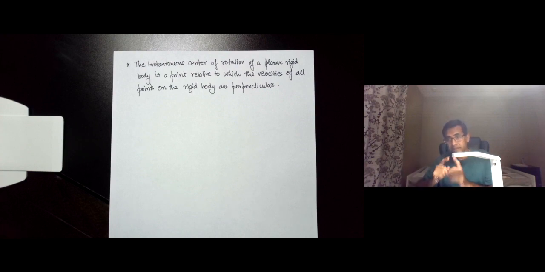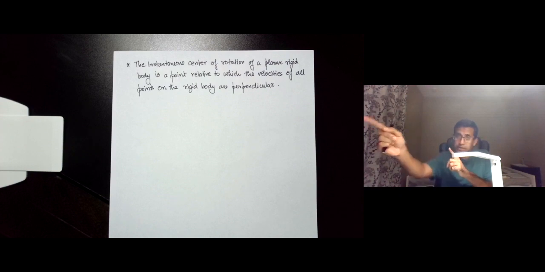So if from the instantaneous center I'm looking at a certain point on the rigid body, the velocity of that point is going to be perpendicular to the line joining the instantaneous center and that point of interest.